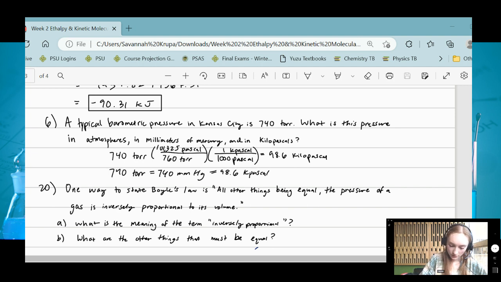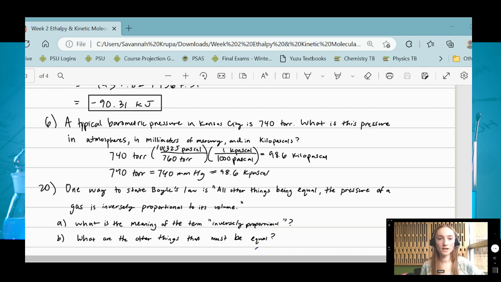So for every 1 torr, we have 0.0013 atmosphere. I like to write ATM, and you'll see a lot of that written down as the abbreviation. Multiplying that out, 740 times 0.0013, we get 0.962 ATM. So that is the answer for atmospheres, millimeters of mercury, and kilopascals. Let's box everything.